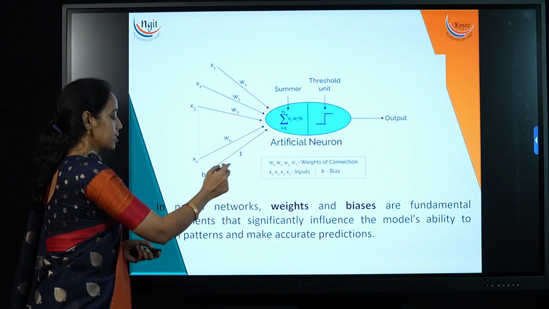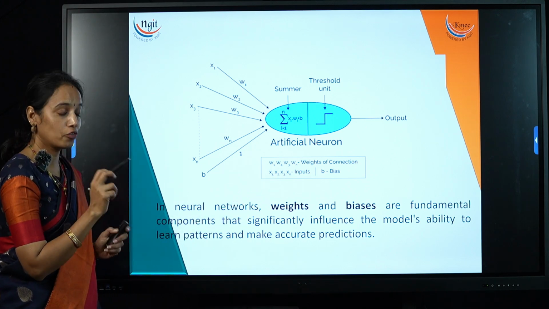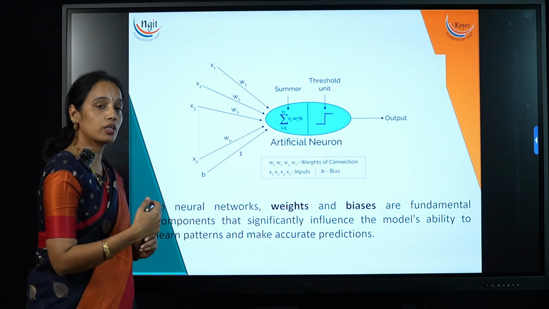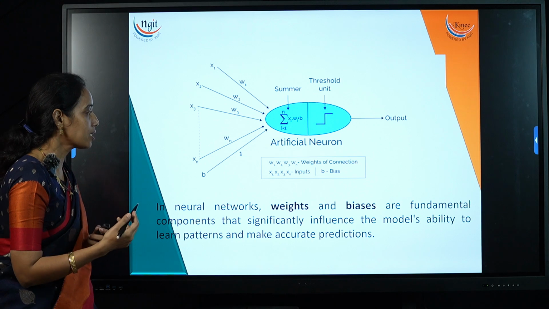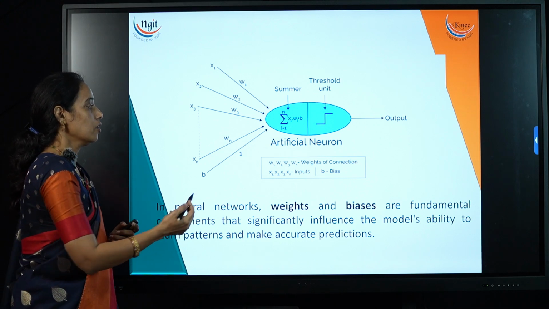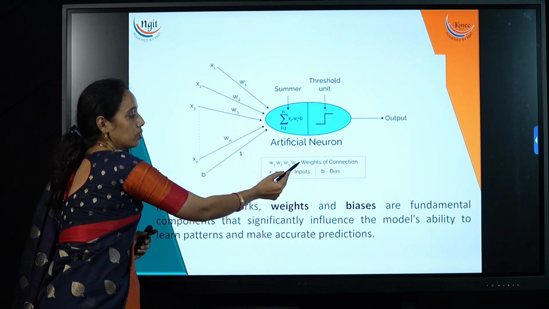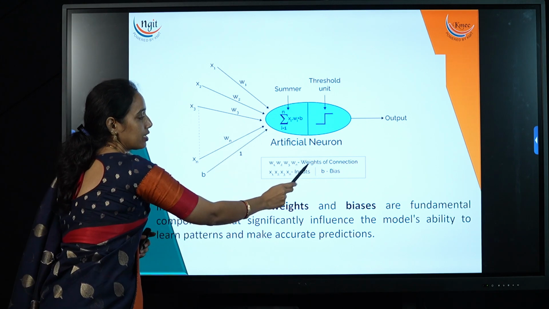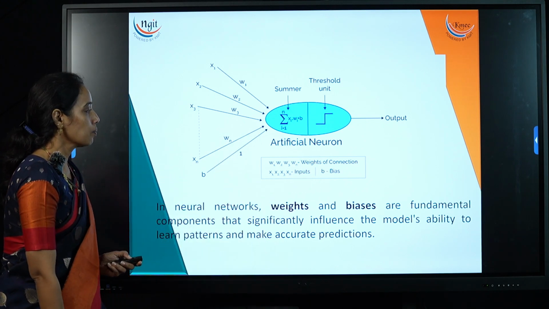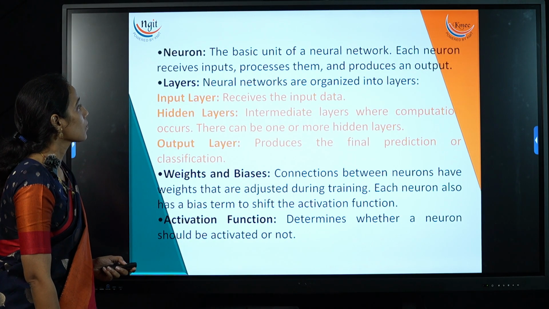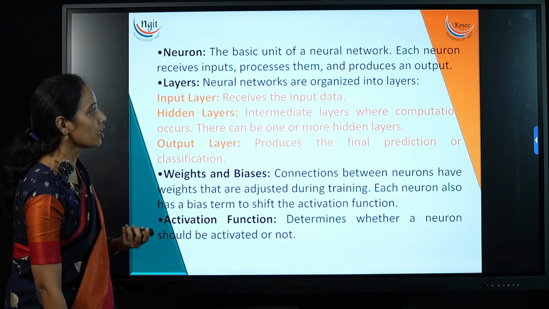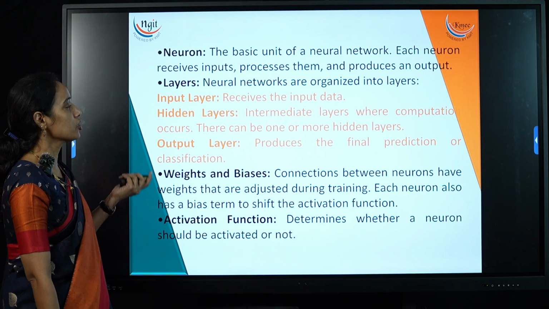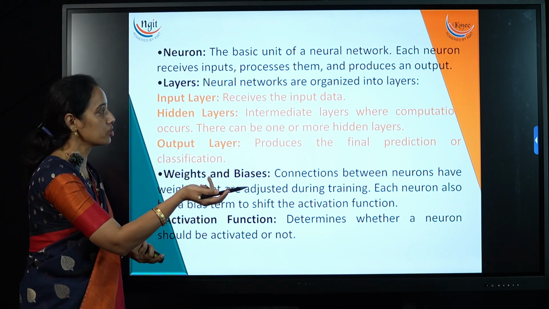These weights and biases are fundamental components that influence the model's ability to learn patterns and make accurate predictions. So to make accurate predictions, a neural network has two important components, that is weights and the bias. The neuron is the basic unit of a neural network, and it receives inputs, processes them and produces an output.